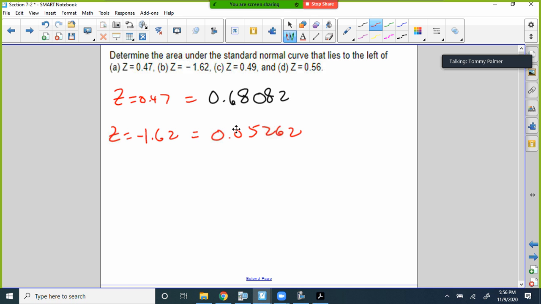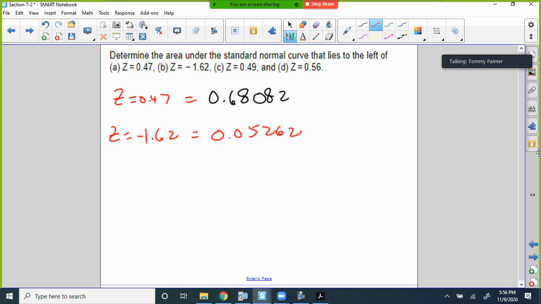If it's to the left of the mean, we would not expect any area underneath the curve to be above 50%, because the mean is in the middle, and that's at 50%. So all the area to the left of the mean has to be below 0.5.